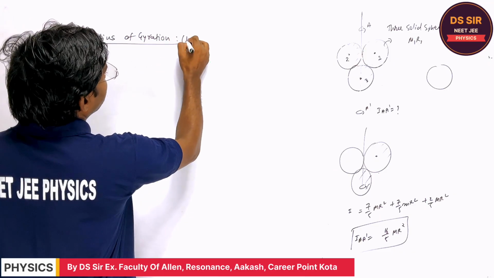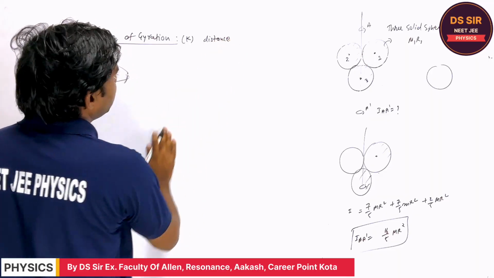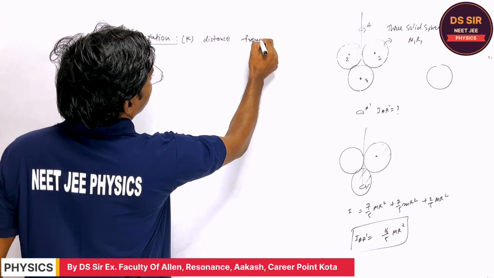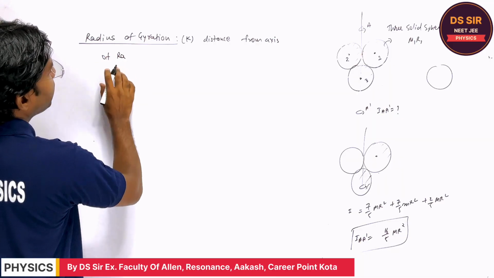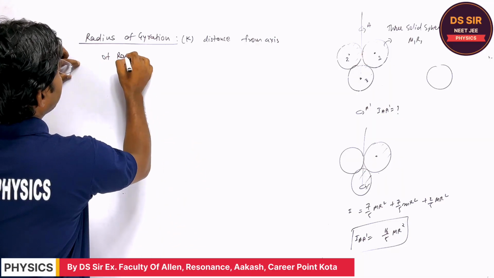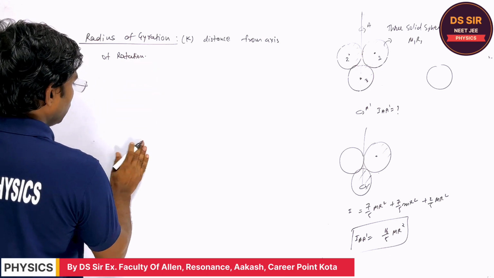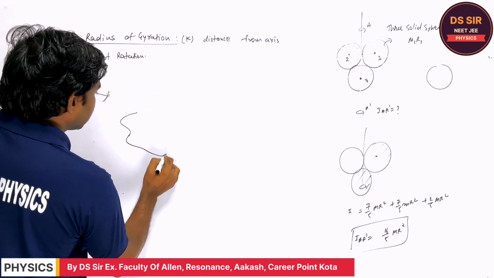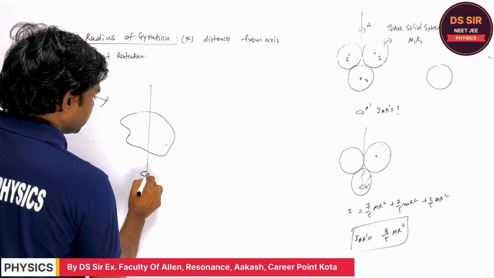What is the radius of gyration? It is a distance from the axis of rotation. Radius of gyration is only a distance from the axis of rotation, such that, listen one thing, suppose this is a big mass and this is the axis of rotation.